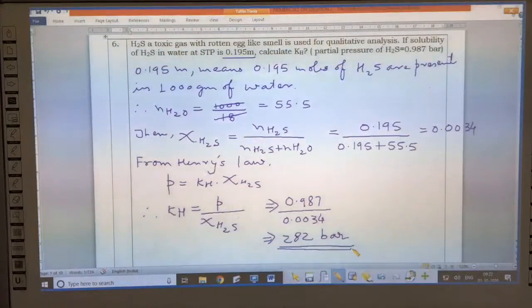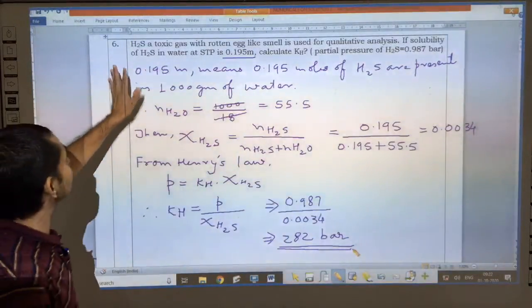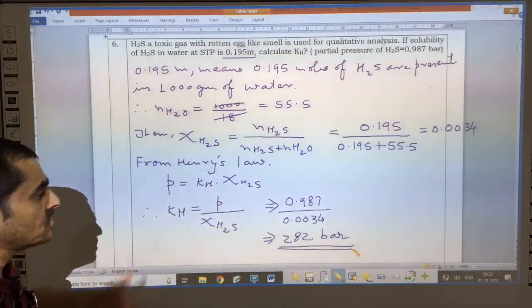Okay. Understood? Clear? So this was one numerical, it was question number 6. Let us move on to next question.